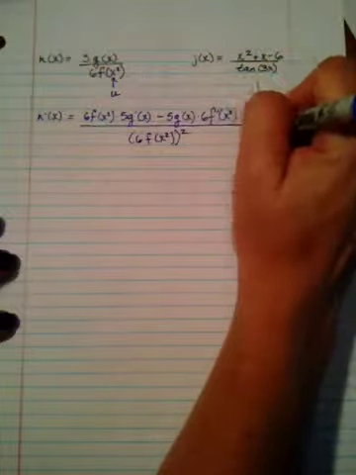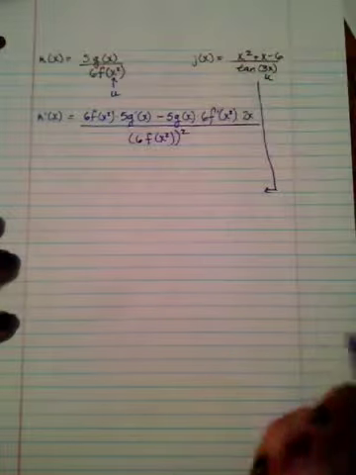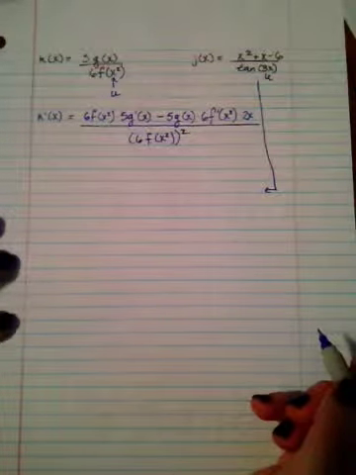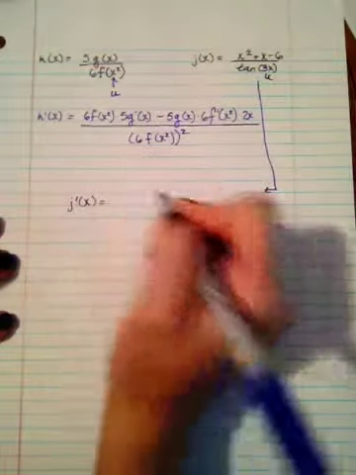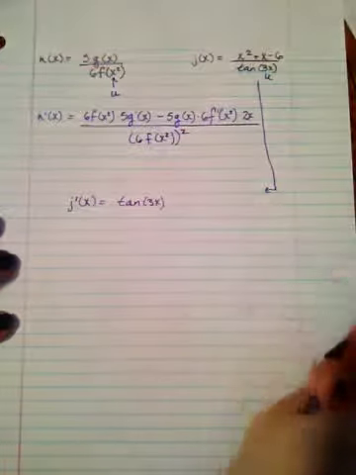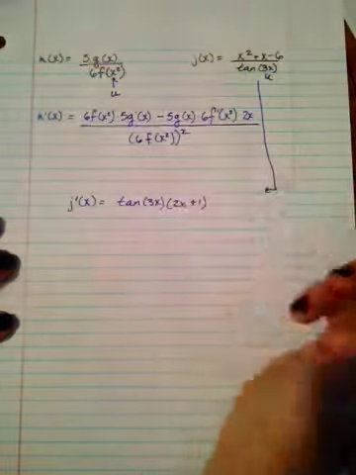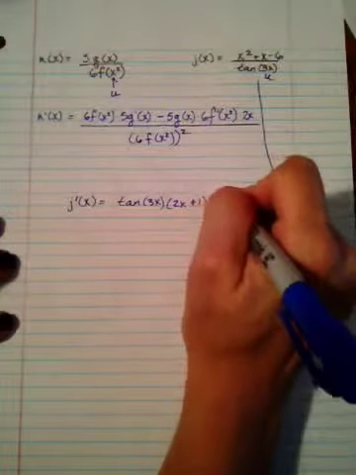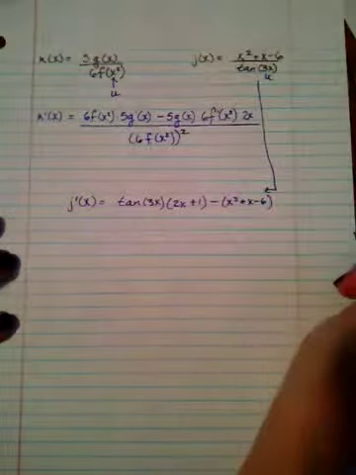For j of x, I wanted to show you one more with u substitution with the chain rule, and you have a u right there where the tangent is, so it's tangent of u. So j prime of x will equal the bottom, tangent of 3x, times the derivative of the top. That's a 2x plus 1, minus the top, x squared plus x minus 6, times the derivative of the bottom.